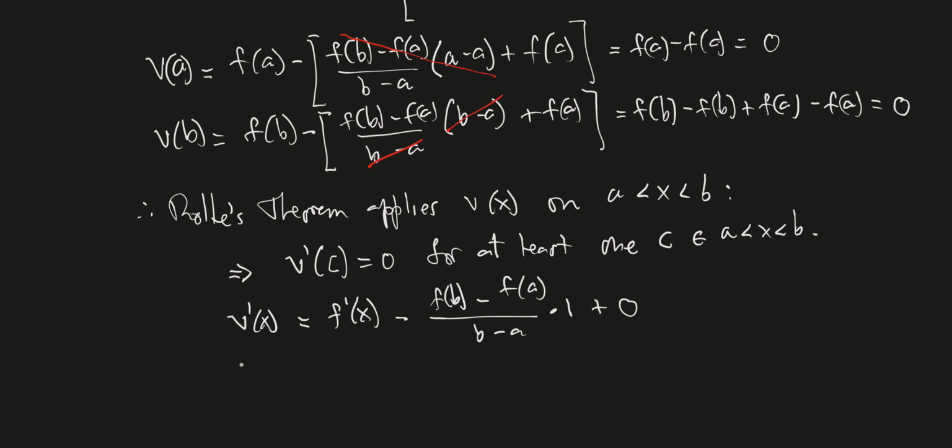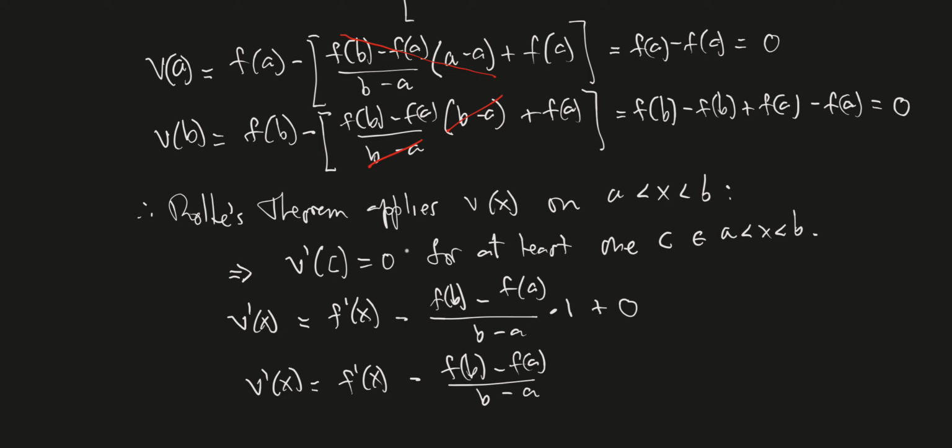So therefore, again, let me clean this up. The derivative of this vertical displacement is equal to f prime of x minus this quantity, f of b minus f of a over b minus a.